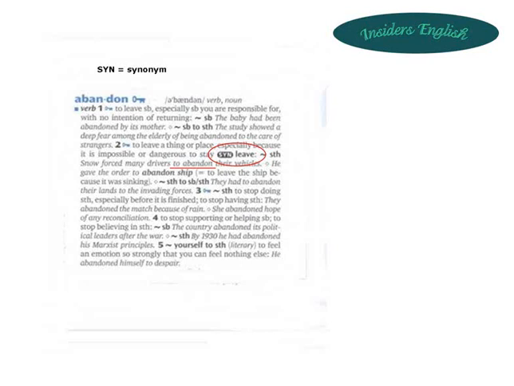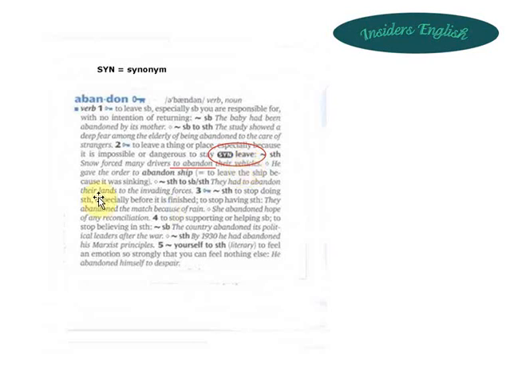Similarly, the paper dictionary, like the online dictionary, gives you the synonym. SYN is the abbreviation for synonym. If you look here, we have leave. They tell us it's the synonym.